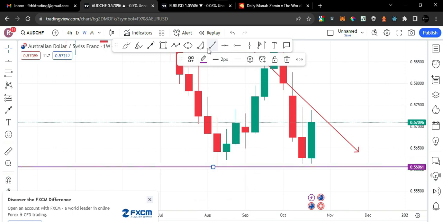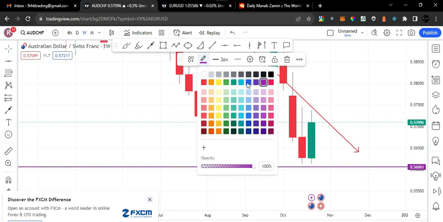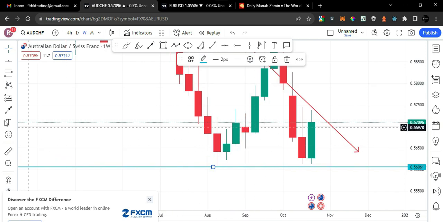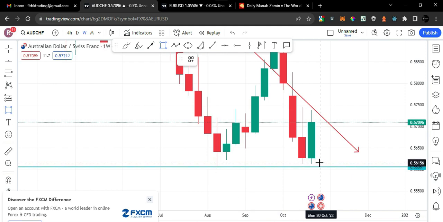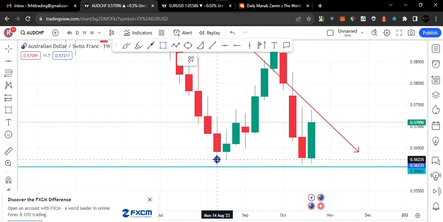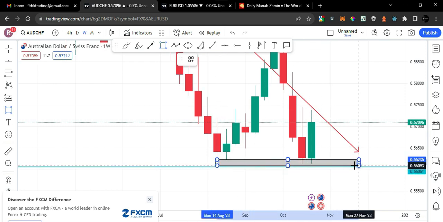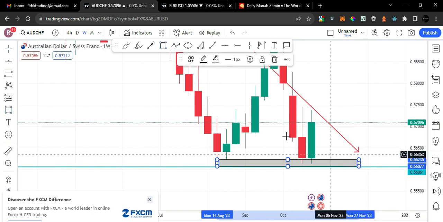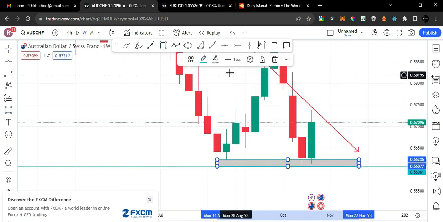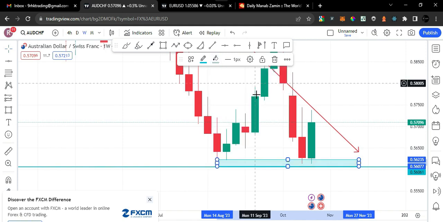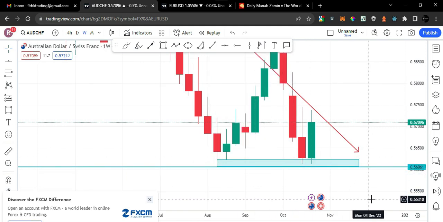So in the weekly it has already formed a double bottom. We can see here very clearly, the double bottom has been created.